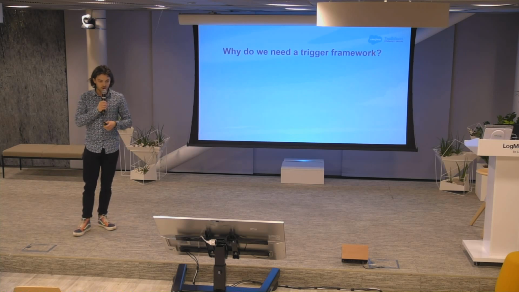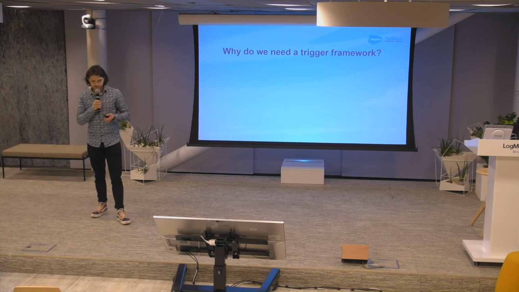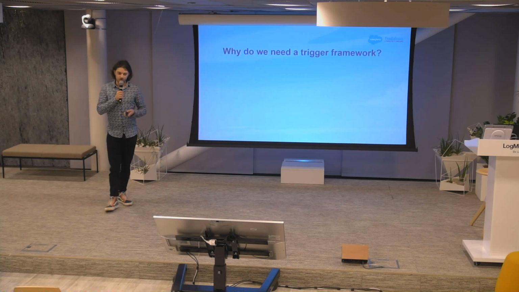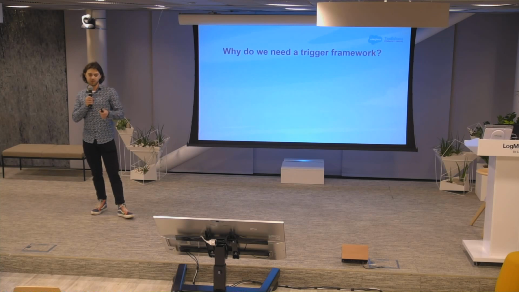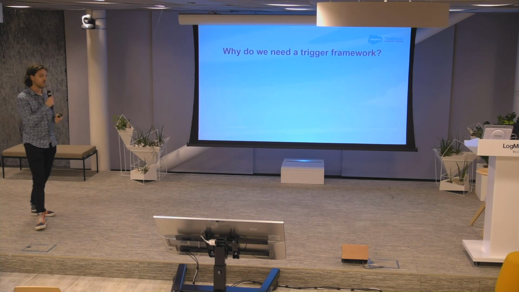It's a common mistake that we create a new trigger every time we have to implement a new business process, which contains some modification of the state of the database. And another big mistake is that we implement this logic straight in the trigger itself. So let me give you an example.